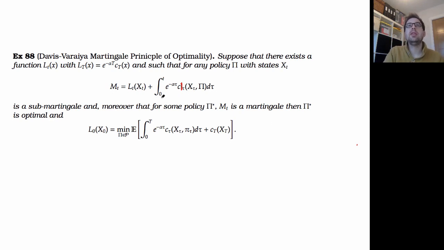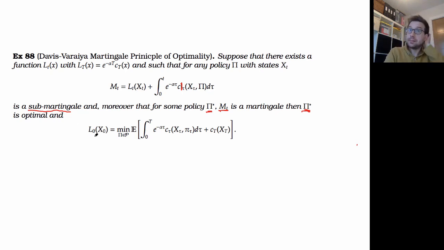Moreover, if we can find some policy pi star for which M of t is a martingale, so when I change this policy to this special policy pi star it becomes a martingale, then you can say that policy is optimal, and the optimal value function is given by the value of this function at time 0.